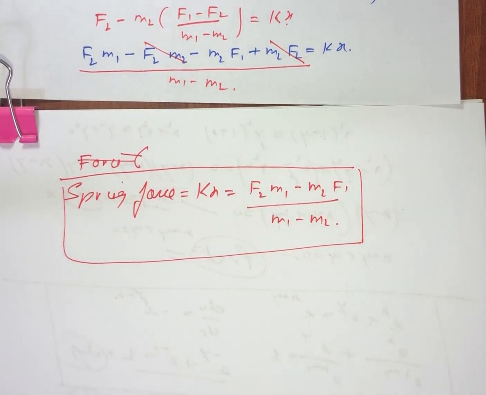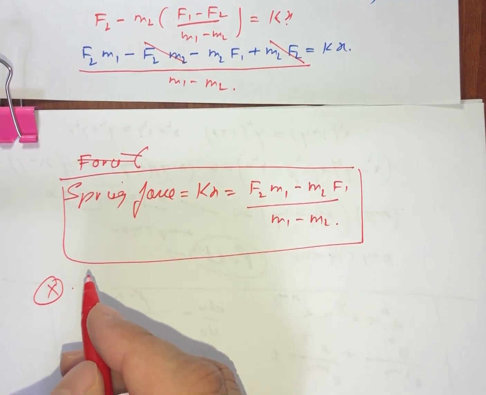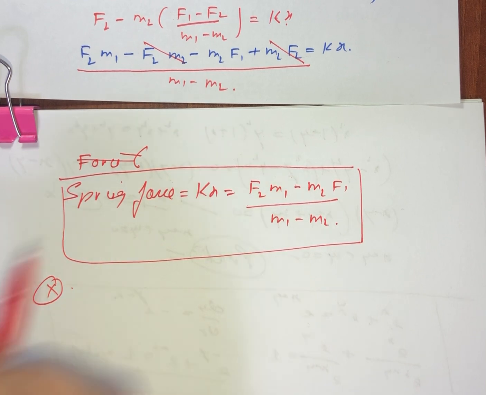Now the third part, it says if F2 is removed. Now the spring has the property that it doesn't change its initial condition instantaneously.